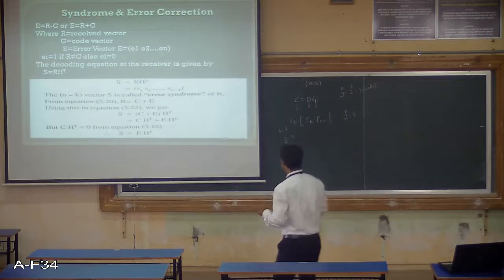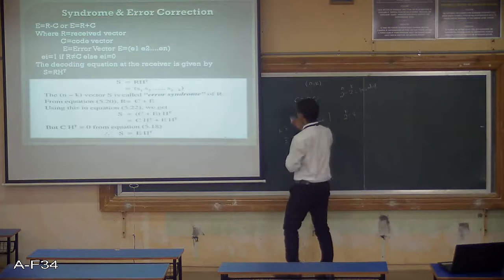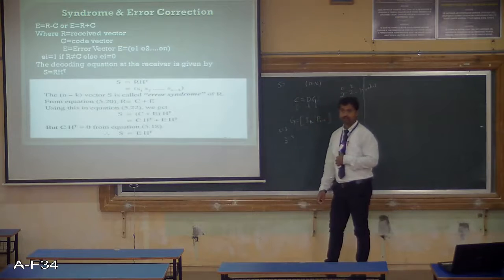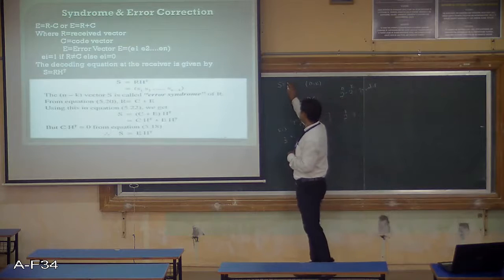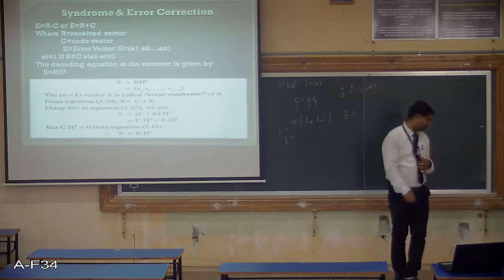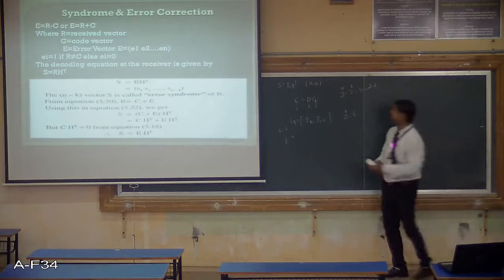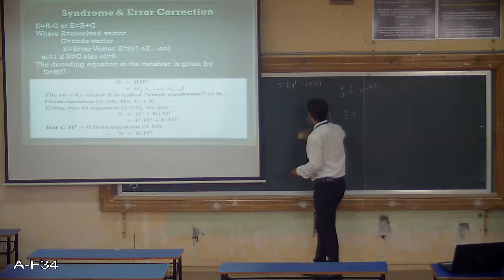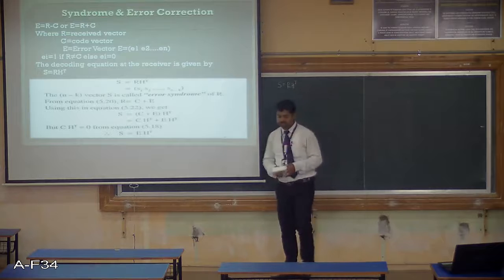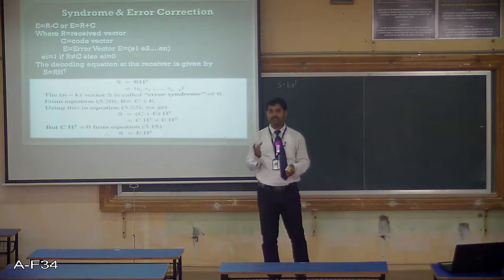For that reason, I need to find one more matrix, that is S. To find S, there is a simple calculation: S = R H transpose, where R is the received vector and H transpose is the transpose of the parity check matrix.